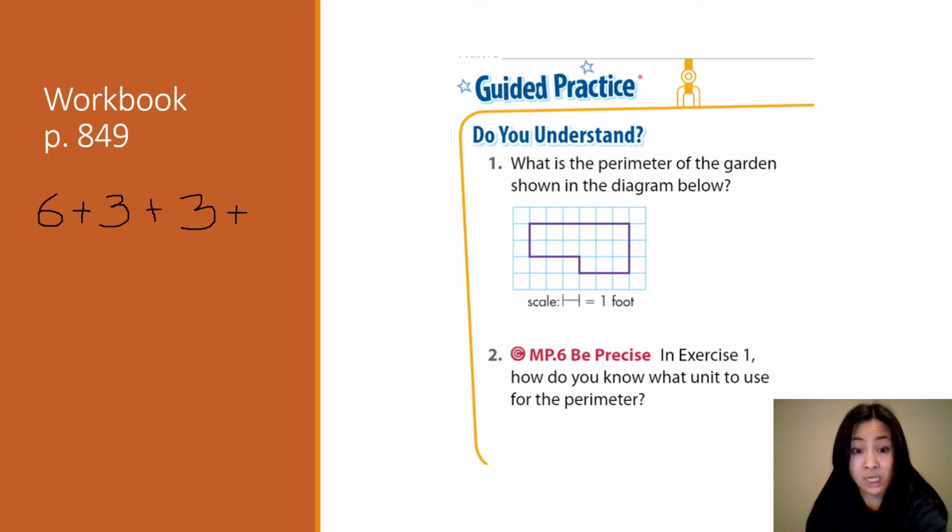So that's 1 unit. And then we've got this 5th side here. 1, 2, 3. So we'll just continue our equation down here. Plus 1, 2, right? 2. So there's 6 sides. Let's make sure that we have 6 numbers that we're adding together. 1, 2, 3, 4, 5, 6.